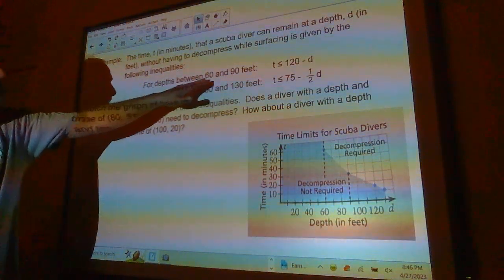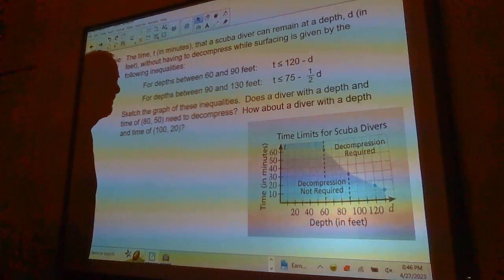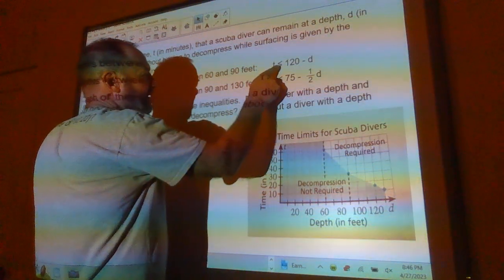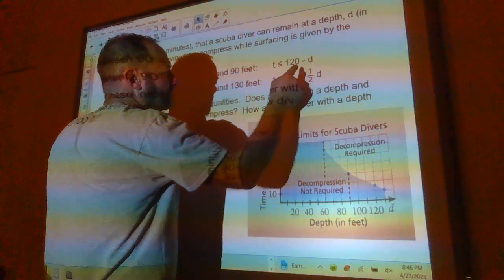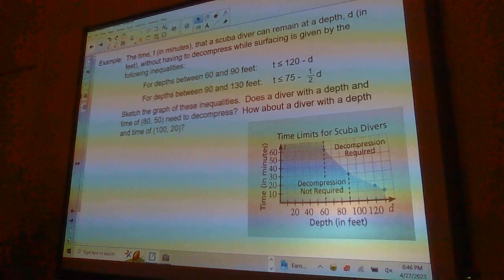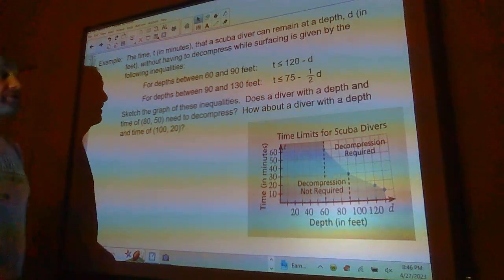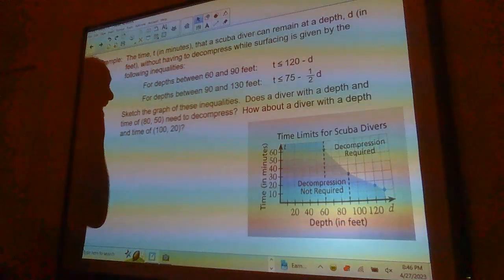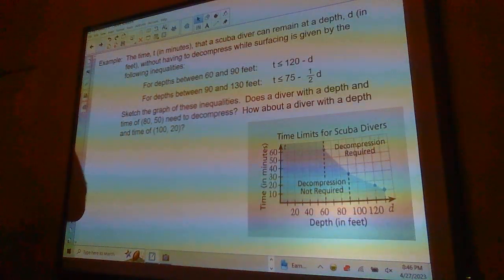So for depths between 60 and 90 feet, if you're diving between 60 and 90 feet, the time has to be less than or equal to 120 minus the depth, okay? For depths between 90 and 130 feet, the time has to be less than or equal to 75 minus half the depth. So sketch the graph of these inequalities.